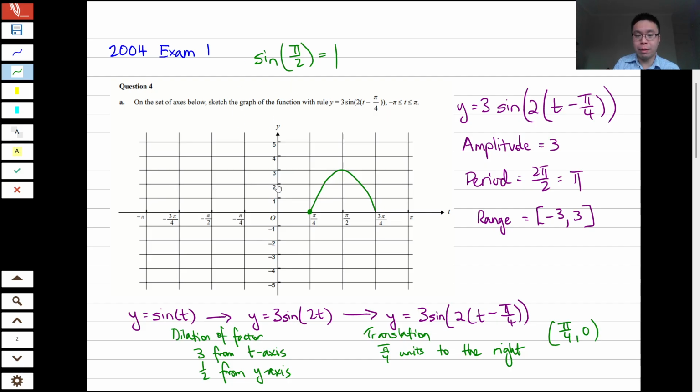And since I've dilated by a factor of a half from the y-axis, instead of going across pi on 2 from the starting point, now I've gone across by pi on 4 to get from the mean value 0 to the maximum. Okay, so I know that the graph's going to pass through pi on 2, 3. And then by symmetry, I know that the graph will also pass through pi, -3.